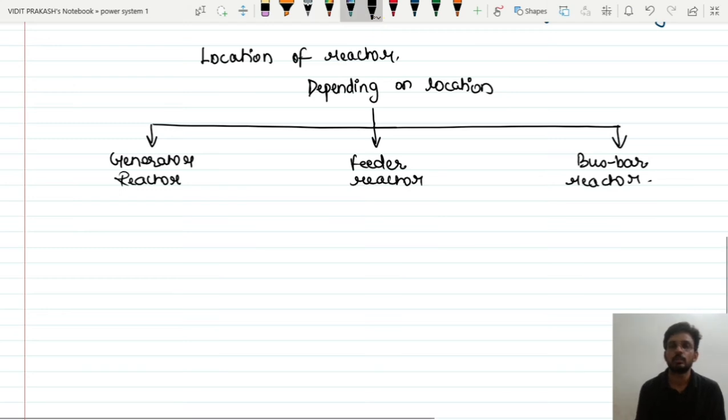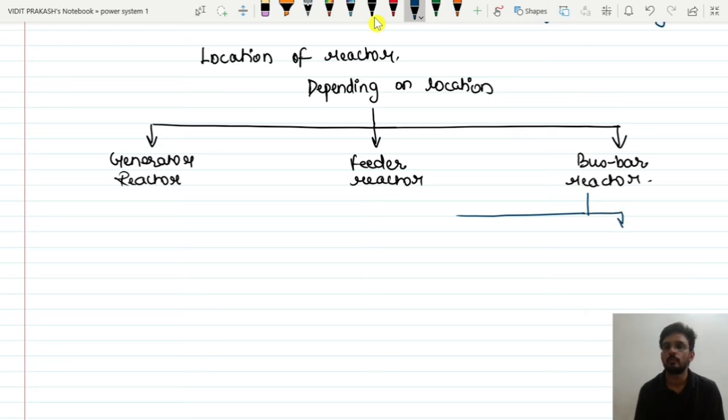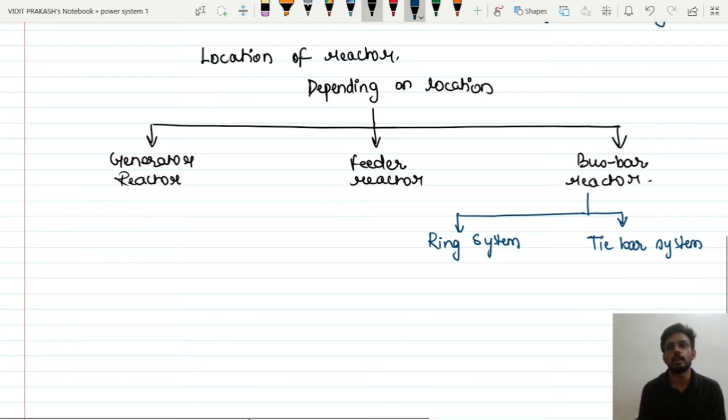In bus bar reactor, we have two types, depending upon connection: one is the ring system, and another is the tie bar system.